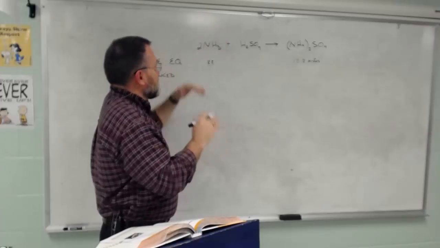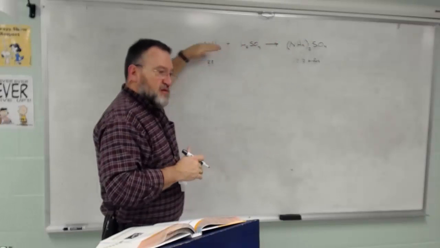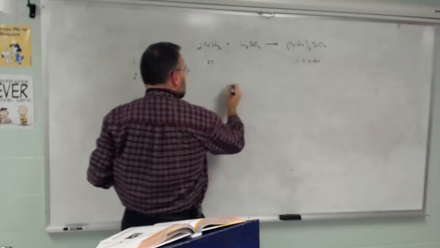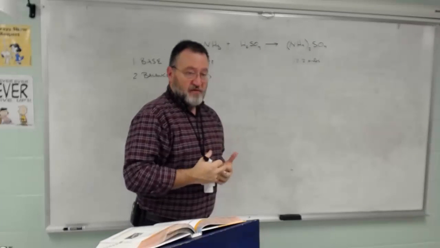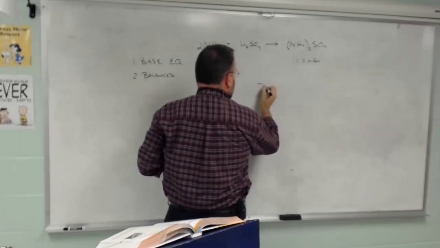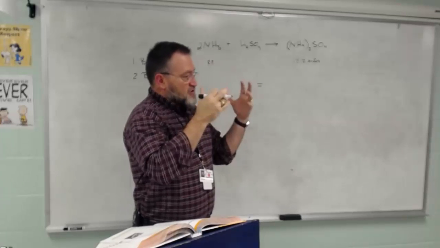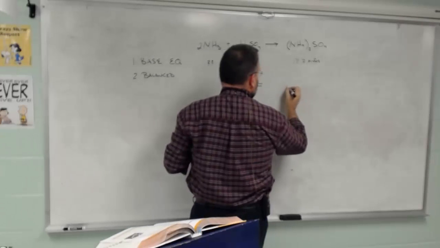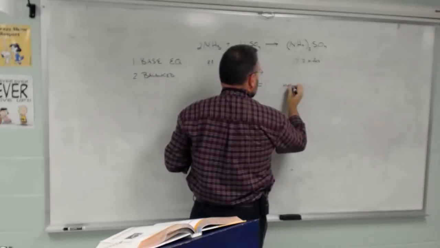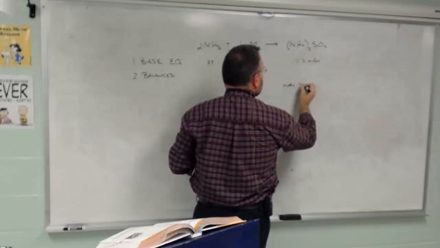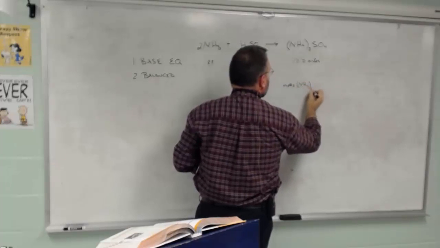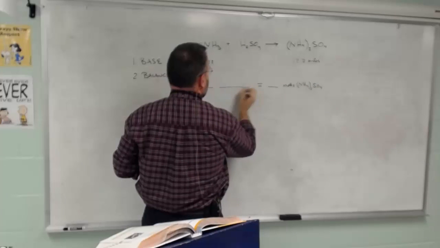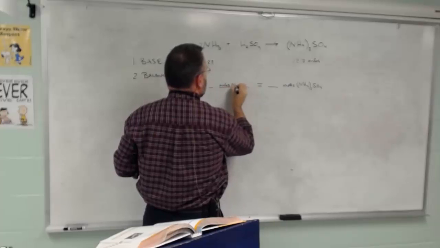So the first thing I need to do is look back to my true statement. This is my basis of reality, the balanced equation, and say I need something that relates. When we say relates, I want you to write down a statement of equality. I say the word relates to, but for you visually, thinking of it as math, use the equal sign. Something that relates an amount of what we know to a certain amount of what we are looking for.